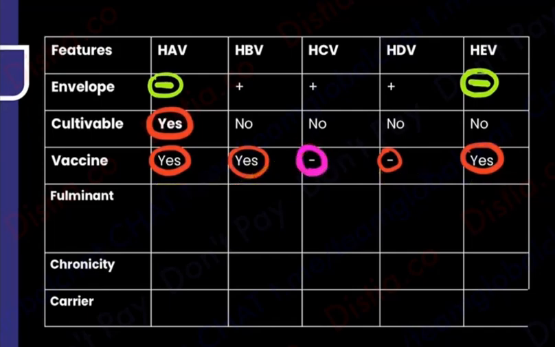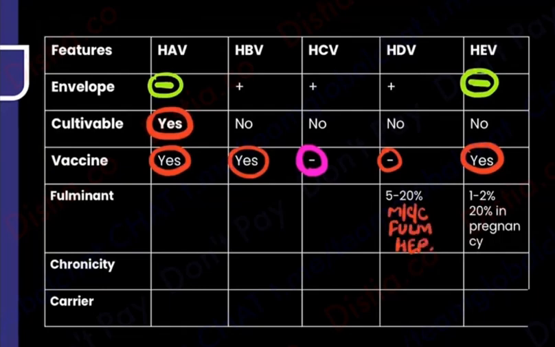Now let's talk about which of them is fulminant. So remember, the fulminancy of D and E is very, very important. Others, if you want to learn or don't, you can see the ratio is 0.11%, so I would prefer not to learn it. I will say remember both of these. So what can you see? Which is the most common cause of fulminant hepatitis? The most common cause of fulminant hepatitis is hepatitis D, because I see the percentage right in front of me.